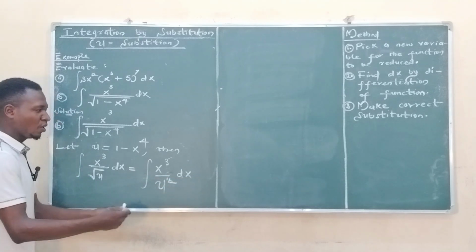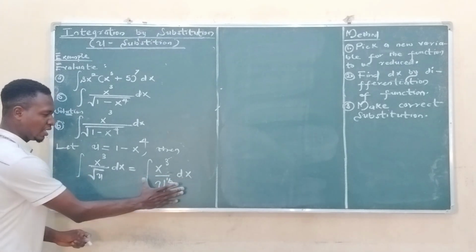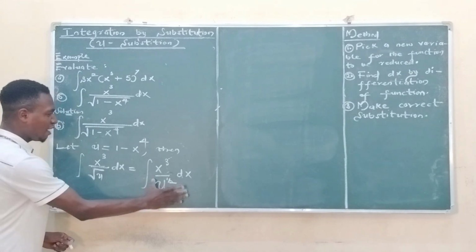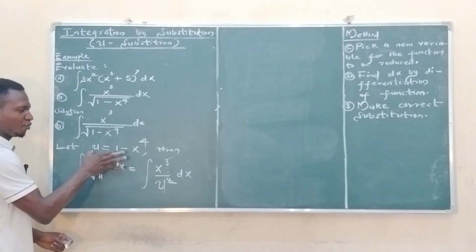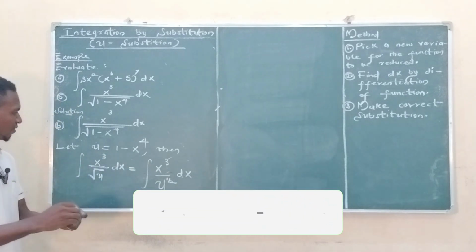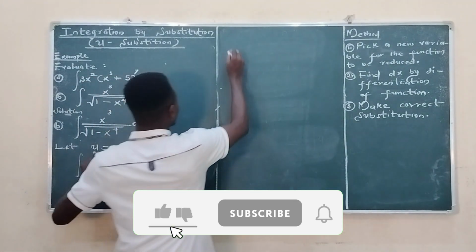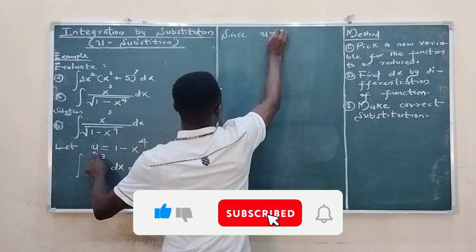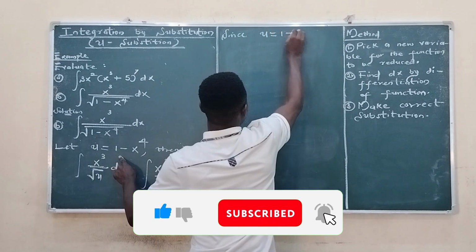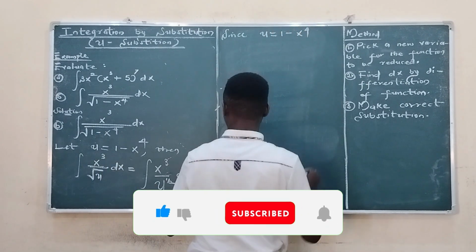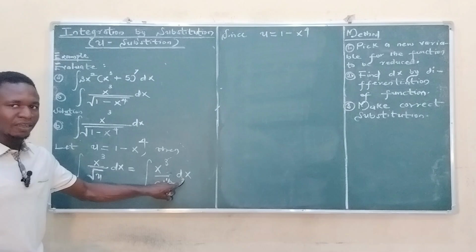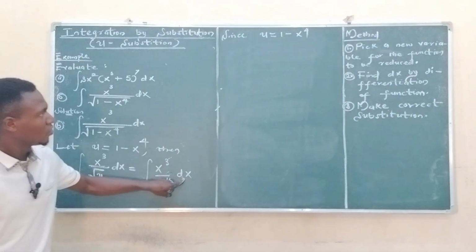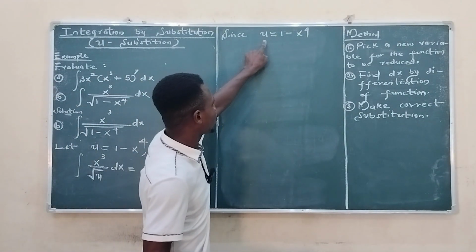So what do we do? In order to bring about uniformity in this given integral, we have to revisit our assumed variable u by saying that since our u is equal to 1 minus x raised to the power of 4, what do we do to get the dx? We differentiate. So we're going to be differentiating u with respect to x.